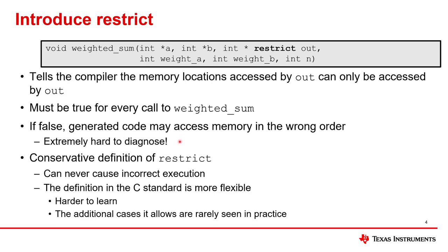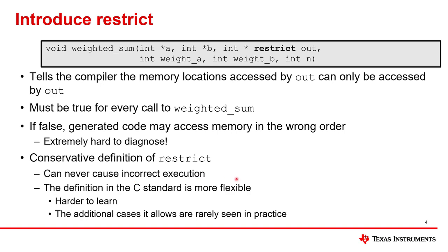Now, this description of restrict that I'm giving here is a conservative definition. If you research how it's described in the standards for ANSI C and ANSI C++, you'll see that it's a little more flexible. Well, the definition we're given here is never going to cause incorrect execution.